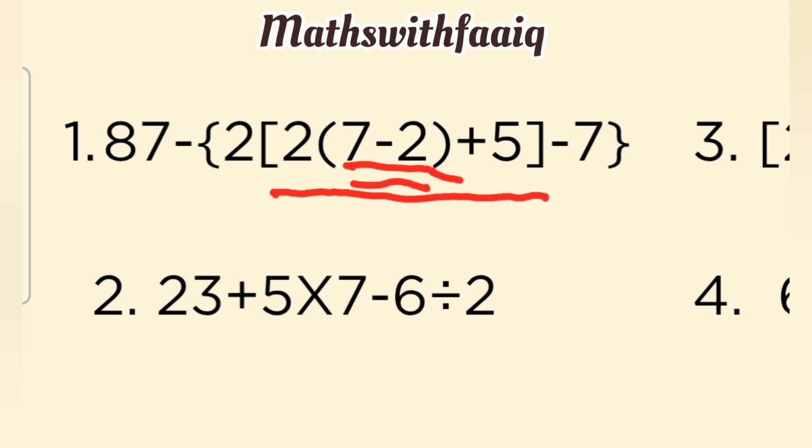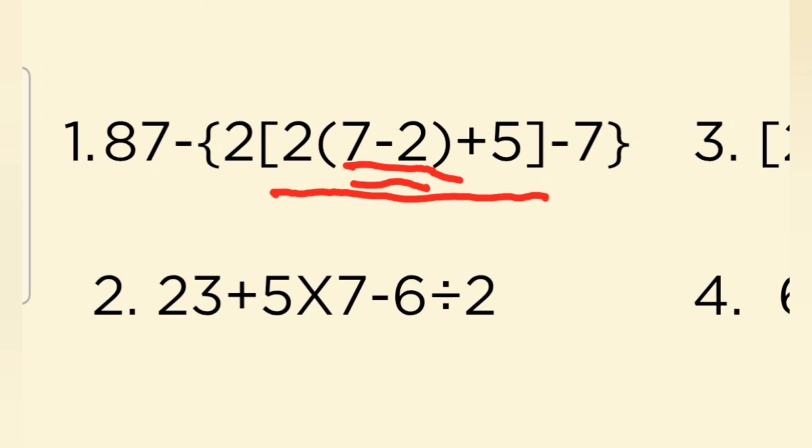After solving the next bracket, the result you have, you multiply it by 2, then you subtract 7 from it. Then you now subtract everything you get from inside the bracket from 87. So if you do this judiciously, you should arrive at the correct answer.